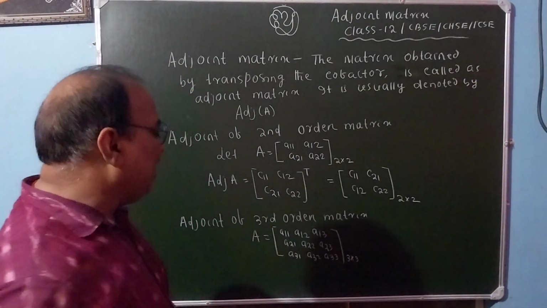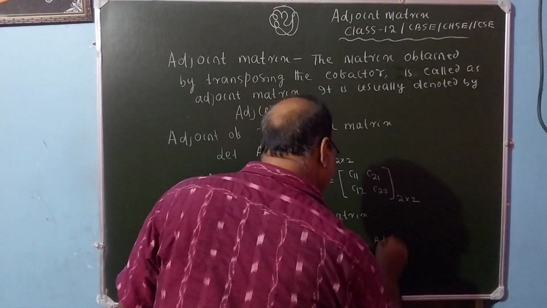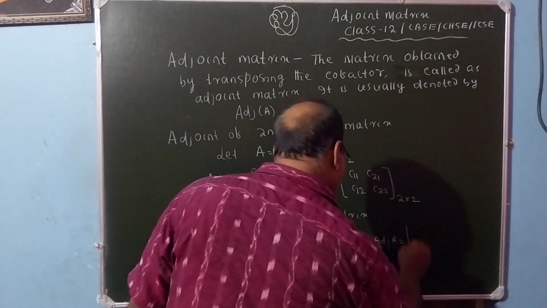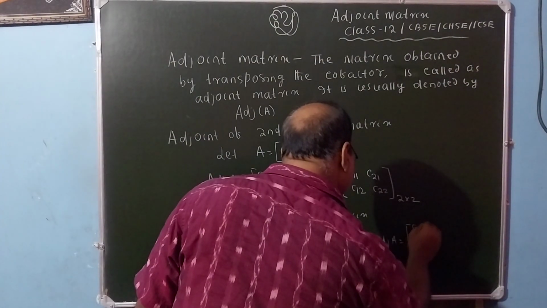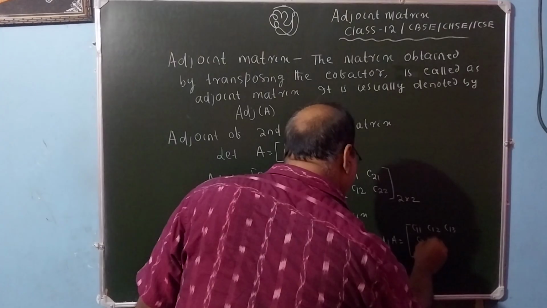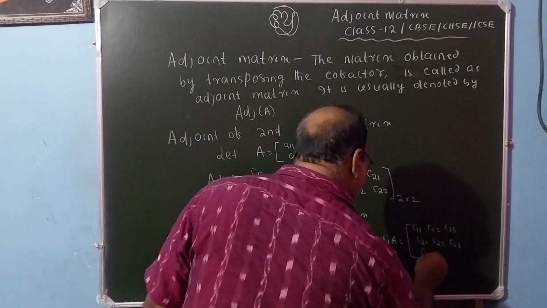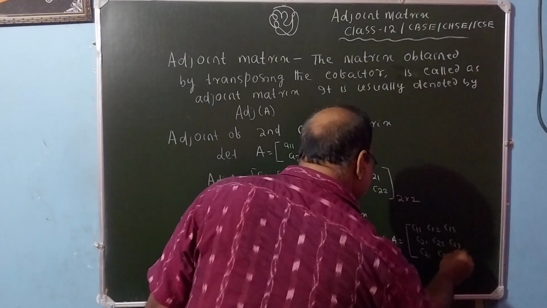Our aim is to find the adjoint of A. Adjoint of A is equal to the transpose of the cofactors C11, C12, C13, C21, C22, C23, C31, C32, C33.